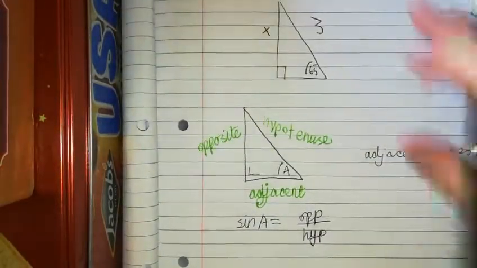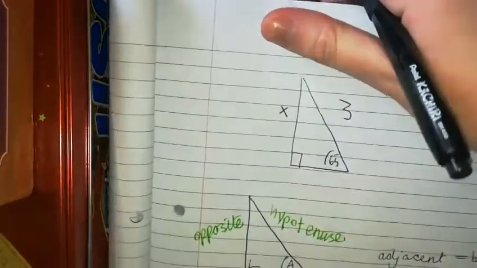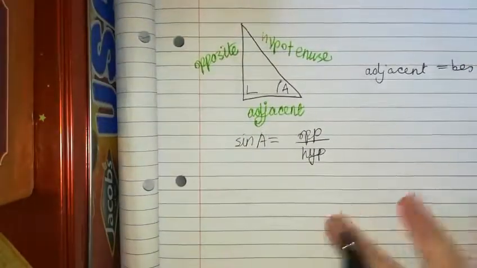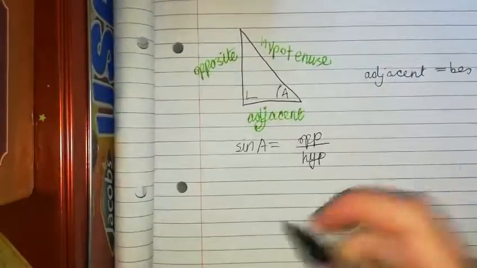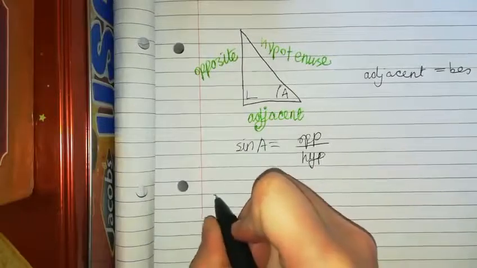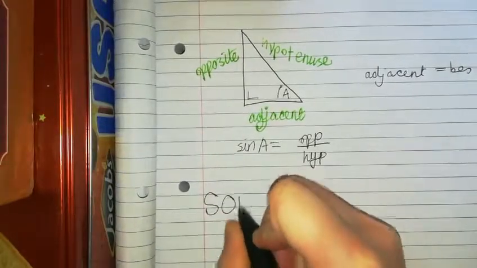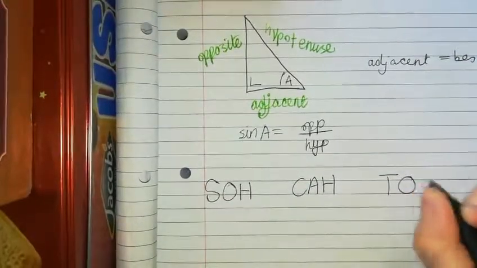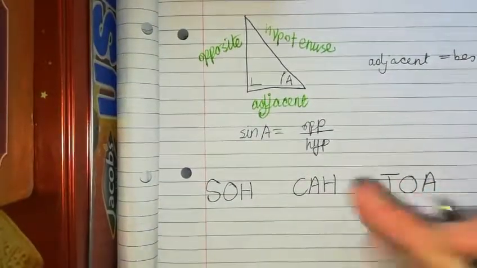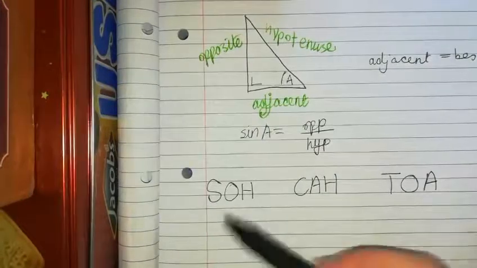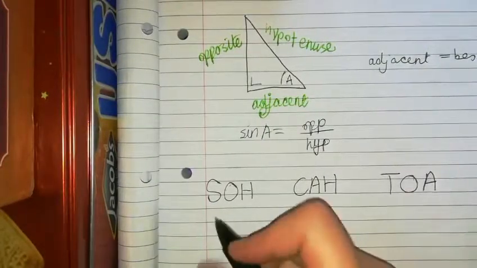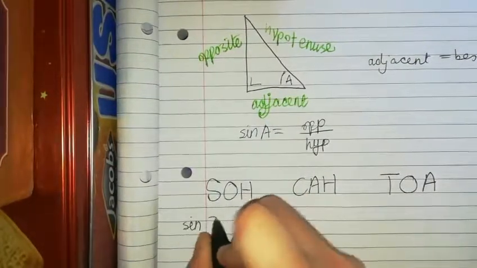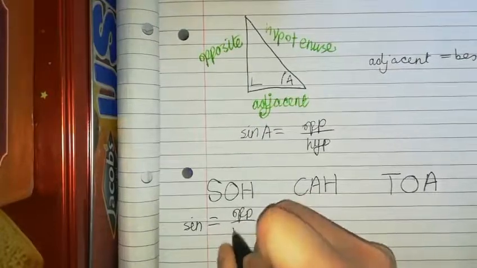So there is also a rhyme: SOH CAH TOA, to help remember it. You can use your log tables, but sometimes it's quicker to know it. It just means that sin is equal to the opposite over the hypotenuse.